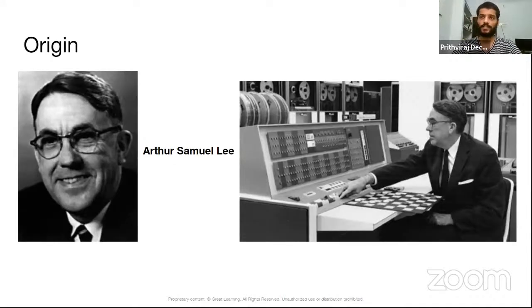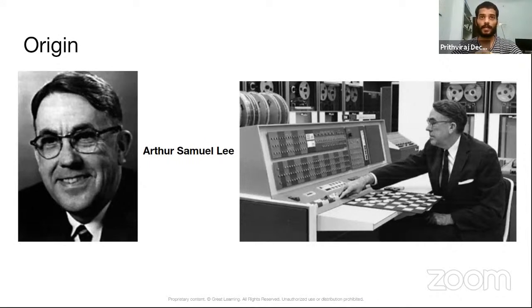The first ever instance of the use of machine learning in building a computer system that could behave intelligently was in the late 1950s, and it was made by a computer scientist named Arthur Samuel. This was one of the first ever AI systems created using machine learning.